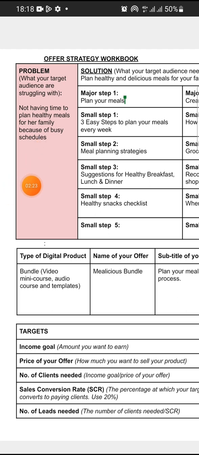The very first problem that she wants to solve is for busy women or busy moms who do not have time to plan meals for their family because of their busy schedule. That's the problem she wants to solve with her digital product, so that's why I wrote this here.